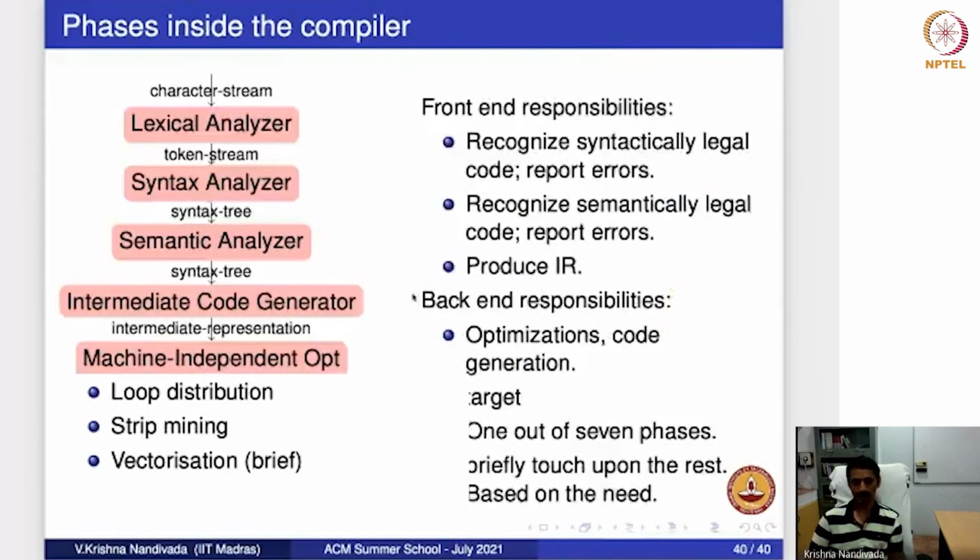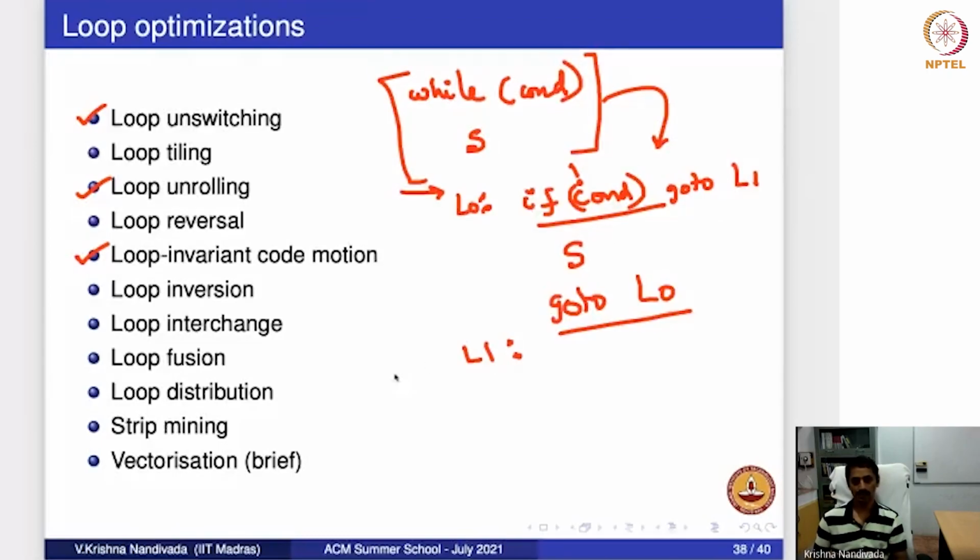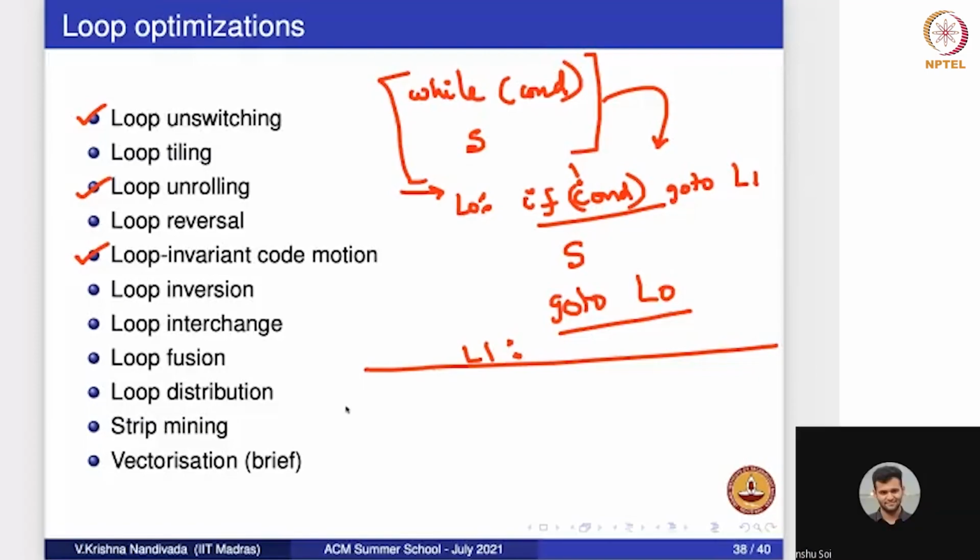Let me rewrite the code. I'll rewrite this while loop as a do while loop. What's the difference between a while loop and a do while loop? Do while is always executed at least once.